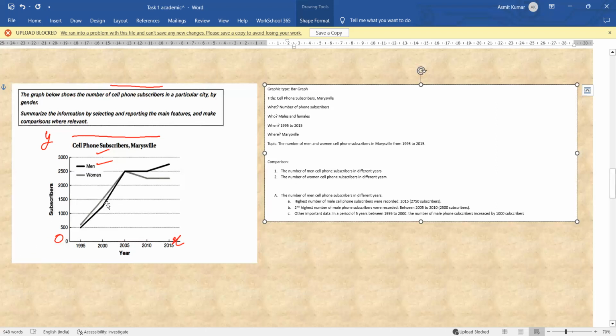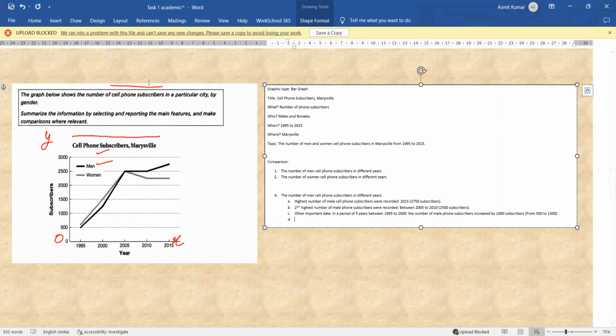In 2000 it came to 1,500. So obviously it increased by 2,000 subscribers, that is from 500 to 1,500, that we have written.